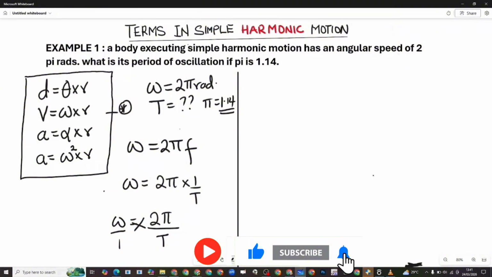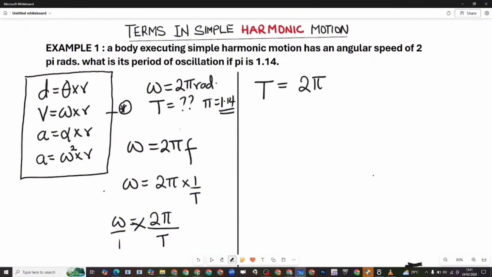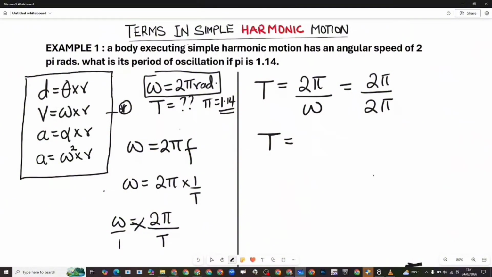By cross multiplying, we have our period as 2 pi over our angular velocity. The angular velocity given is 2 pi rad, so we have 2 pi over 2 pi. If we substitute the value for pi, it's still the same thing.